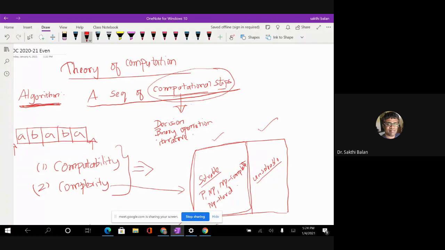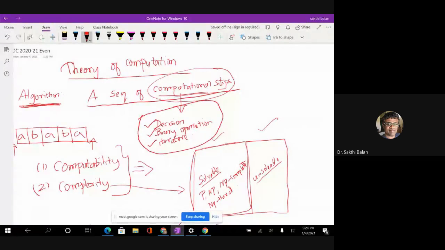So it has computational steps. What are those computational steps? It can have a decision statement, like an if-then-else statement, which you would have gone through in the computer programming course. It can also have arithmetical operations and binary operations. Another main point is that it can do iterative processes also: for i equal to 1 to 100, you can do some steps inside the loop. All these things constitute a computation.